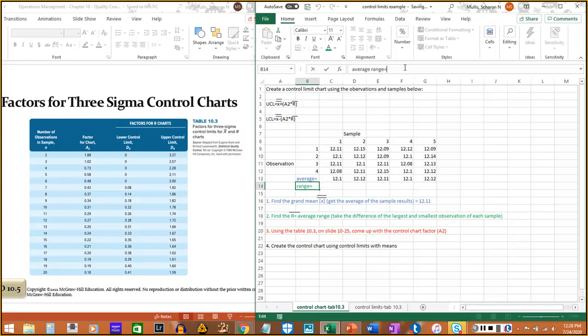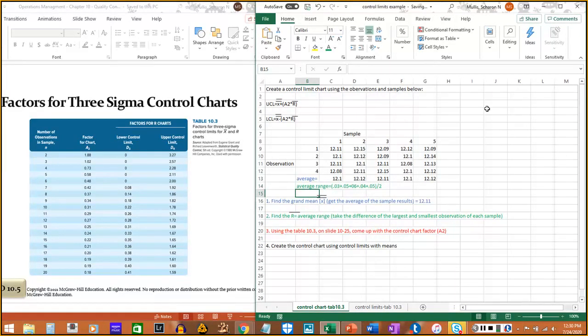So it would be 0.03 for sample 1 plus the range from samples 2 through 5. After we get the range for all 5 samples, we have 0.03 plus 0.05 plus 0.06 plus 0.04 plus 0.05.